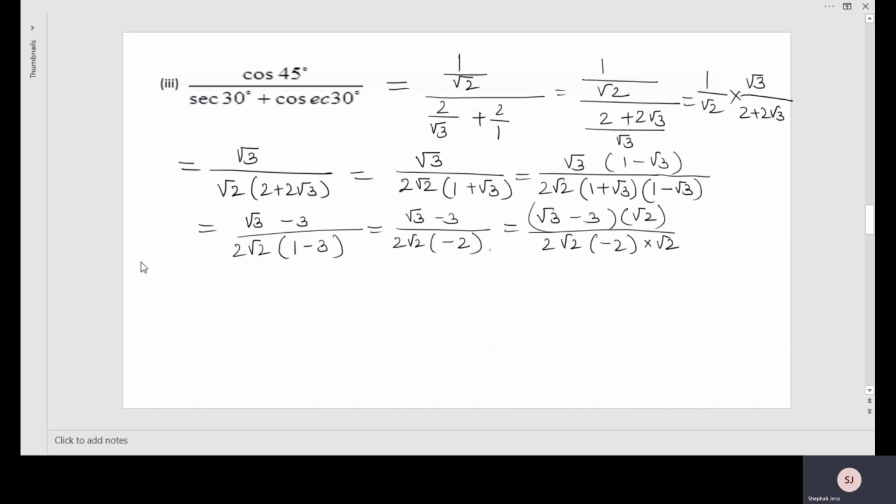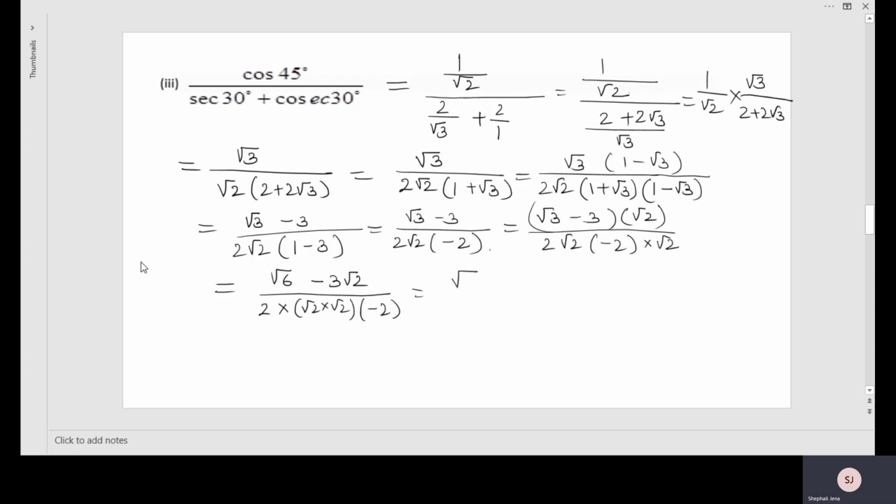This root 2 we should remove. This square root sign we should remove from the denominator, that is called rationalizing the denominator. Now you should write root 3 into root 2, root 6, minus 3 root 2, divided by 2 root 2 into root 2 into minus 2.